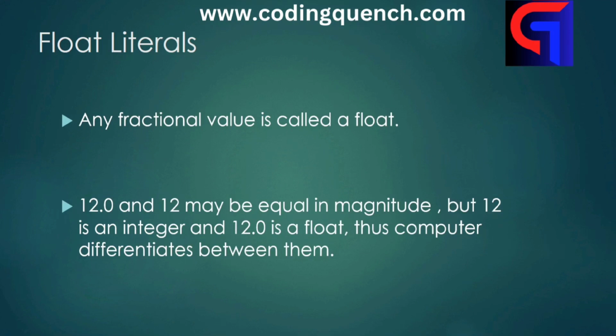Both values are equal in mathematics, but in C, and in any other language, generally 12 is an integer, 12.0 is a float. Both types are very different. Literals are different. Computer differentiates between them. They will be taken separately. The values may be the same, but 12.0 is a floating point number, 12 is an integer.